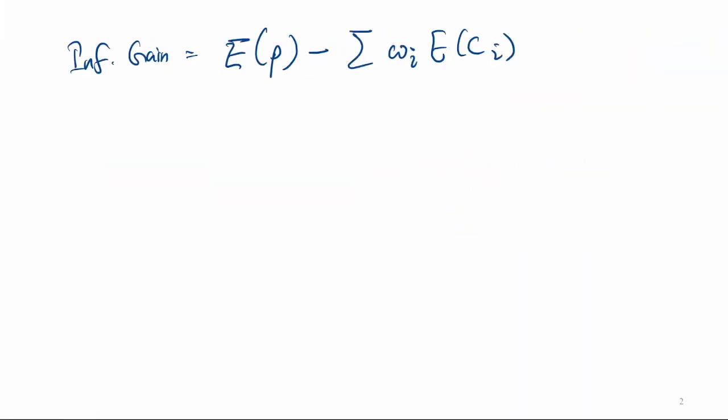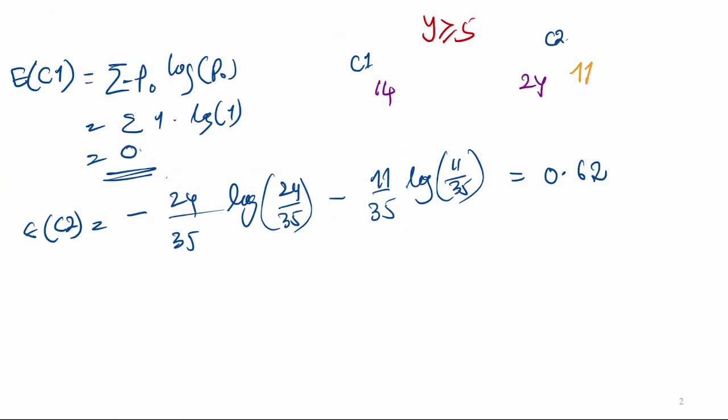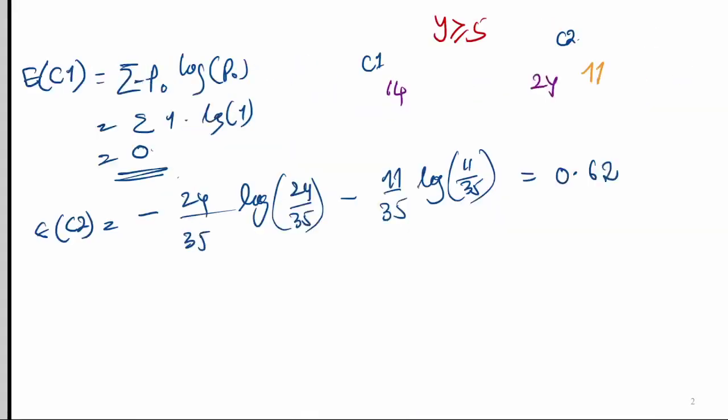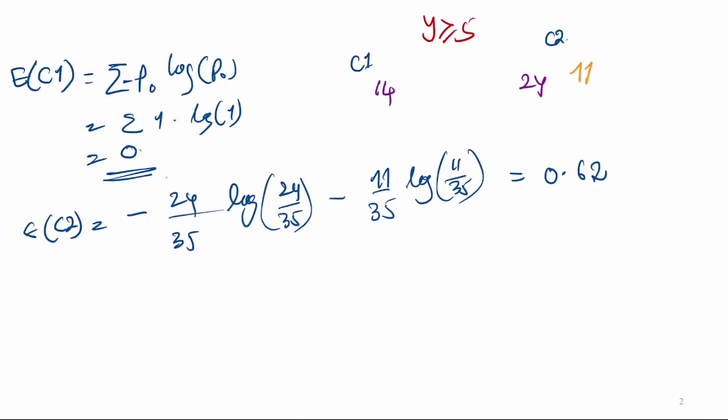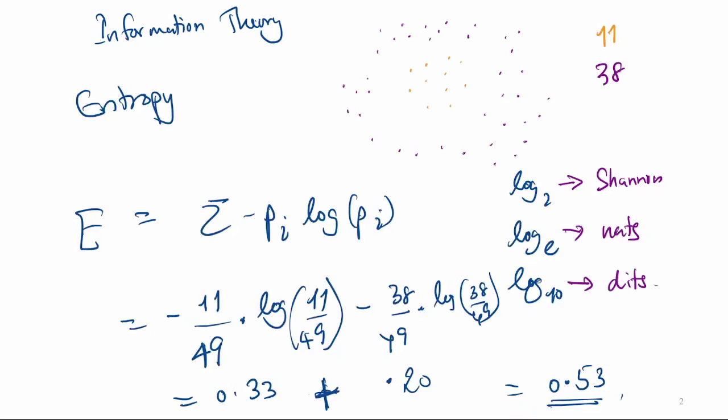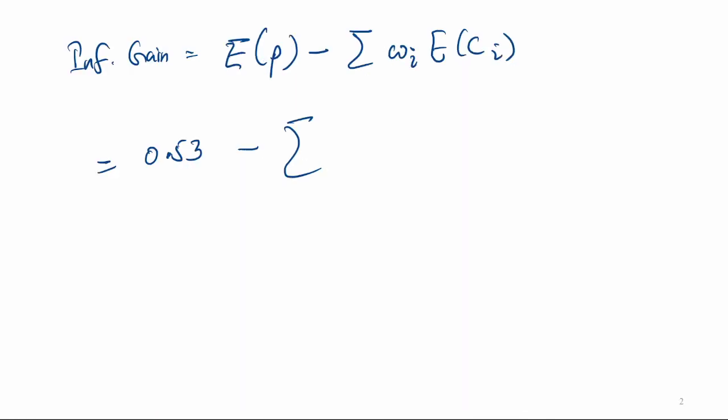So let's calculate the information gain from our parent into here. Our parent's entropy was 0.53 minus the sum of the weighted entropies. Here we had 14 children, and on the other side we had 24 and 11, so 35 children. Altogether we had 49 children.